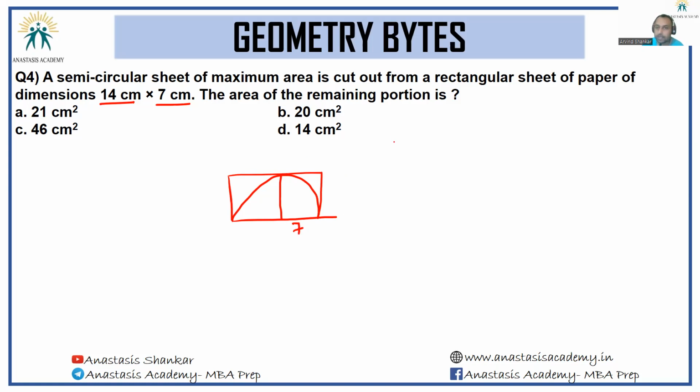So area of the entire rectangle is 14 into 7. Area of the semicircular portion will be half into 22 by 7 into 49. So cancel 7, cancel 11. So 3 into 7 left or 21 left. Answer should be option A.